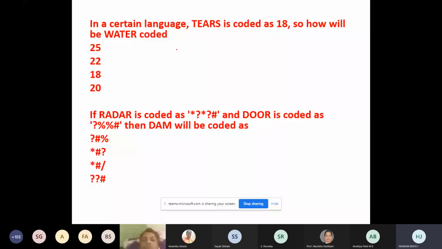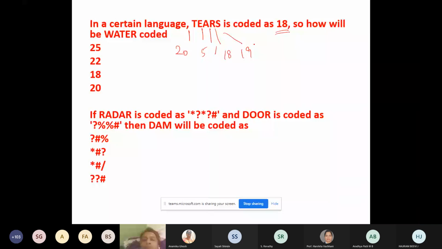T is 20. Then E is 5. A is 1. R is 18. Then S is 19. So sum all the values. This gives 25, 26, 44, 63. But here we have 18 only.